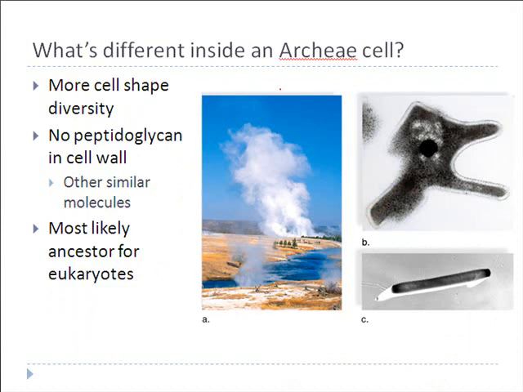Now, just for comparison purposes, I want to touch very briefly on the archaea. Remember again, archaea are also prokaryotes, but they exist in very extreme environments like those of Yellowstone National Park, like you see here, where you have thermal hot pools with boiling water and archaea existing in it. Archaea are much more diverse in terms of the different shapes that they can have.